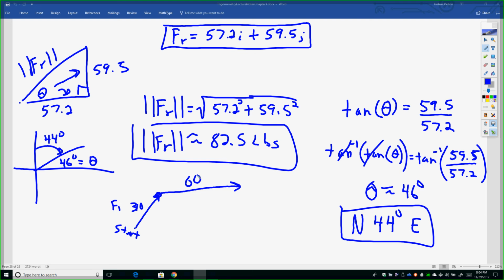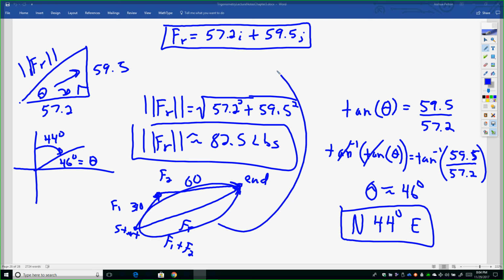Okay, and that's my F2, I guess. And that's where it ends, and this is where it starts. So if I connect those, that is my FR, or the F1 plus F2 as a result. So this vector right here, its equation is right here. That's its direction, and that's its magnitude. So that's the concept of it.